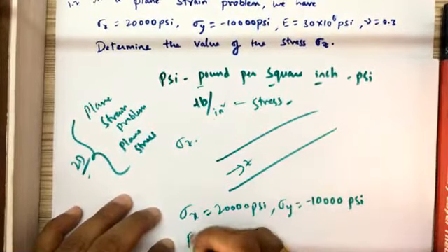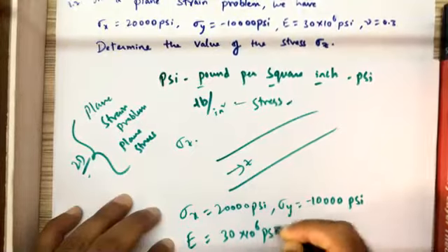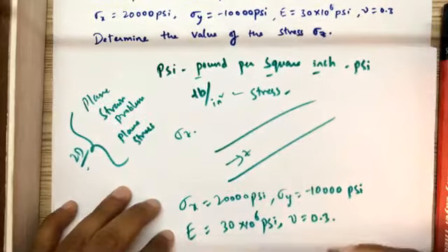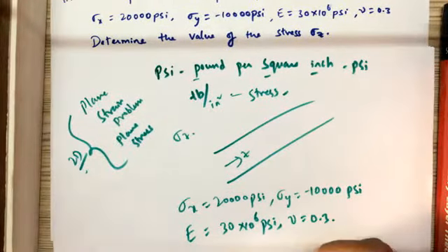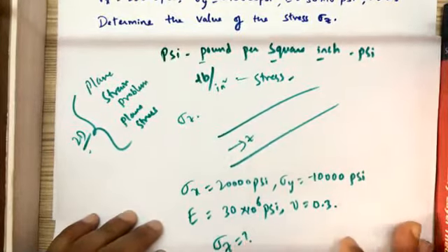Young's modulus capital E is 30 into 10 to the power of 6 psi. Poisson's ratio nu is 0.3, not psi. It's Poisson's ratio, right? It's a ratio, so no units. Fine. Now we are asked to find sigma z.